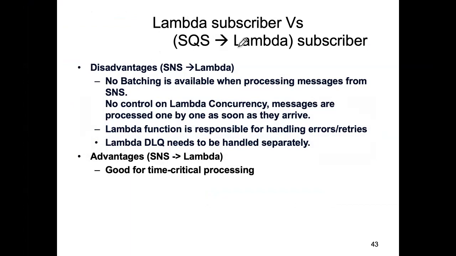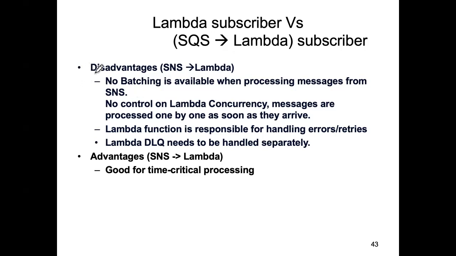So the question is, which option should you pick, or what are the advantages or disadvantages of one pattern over another? That's what I'm trying to explain here, just for completeness, even though you won't be in a position where you have to make this kind of decision.